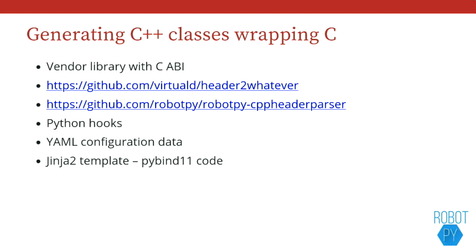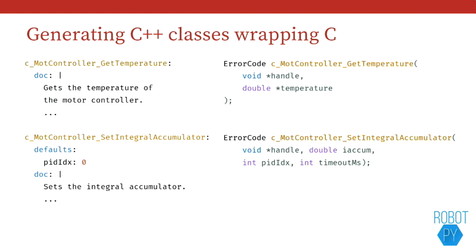So here's an example of what that sort of looks like. On the left, I have some YAML. So each top-level entry is each function that we want to bind to. You'll notice on the right-hand side, each of these take this handle pointer. So we decided to abstract that away and put it in a C++ class so that we don't have to deal with it.